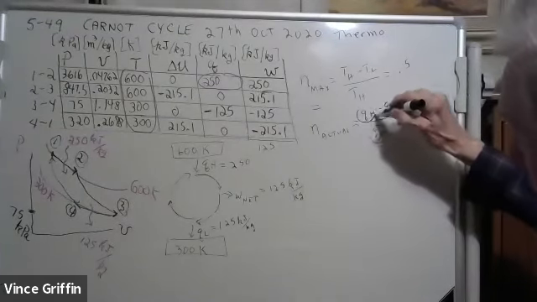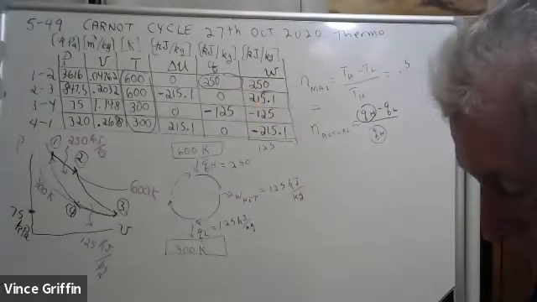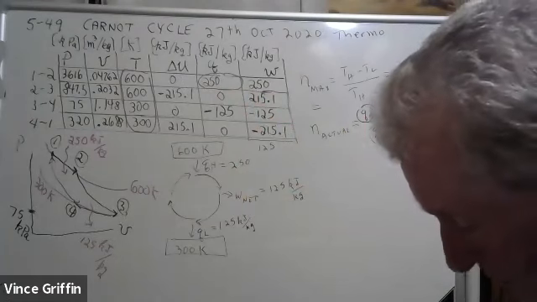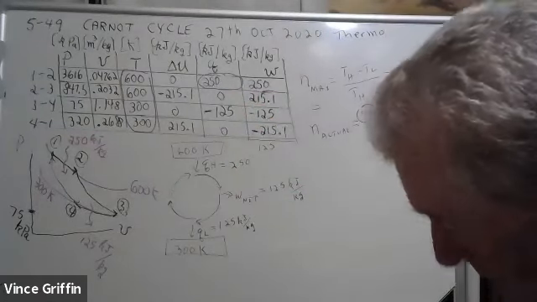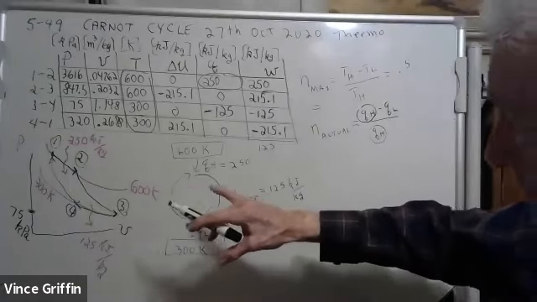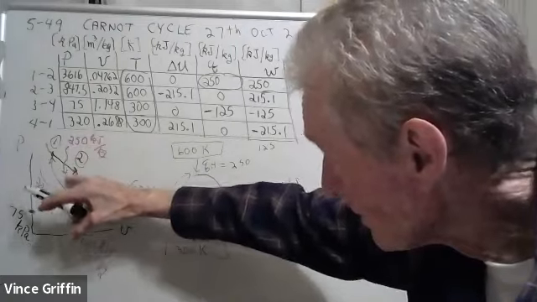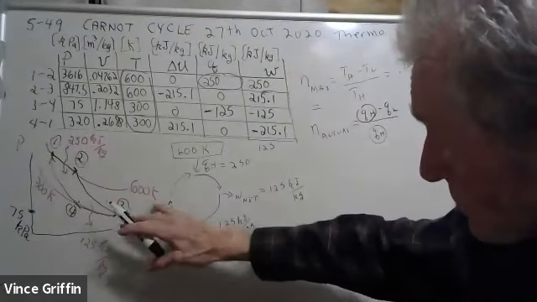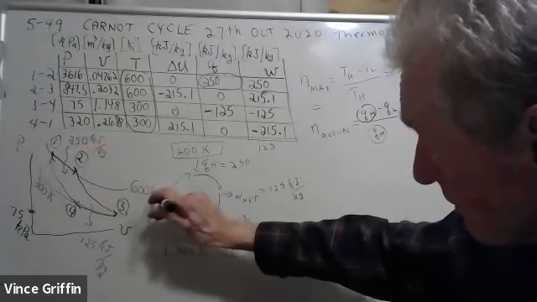See, QH is given. It's 250. It's given in the problem. You read the problem, it says 250 kilojoules per kilogram are added at the high temperature. There it is, 250 kilojoules per kilogram are added at the high temperature of 600 K. If you can read that, that's a K right there.